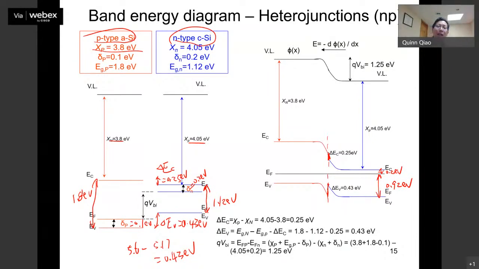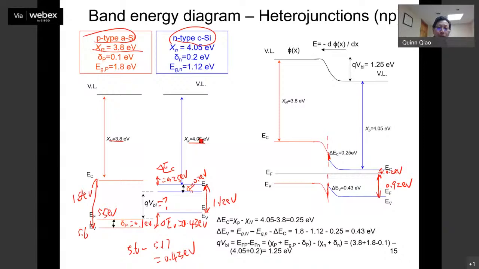And then you can also calculate QVBI. Look at here, this one is 5.6, then this one is 5.5 eV.